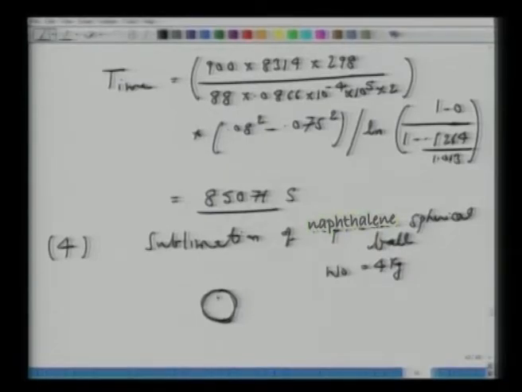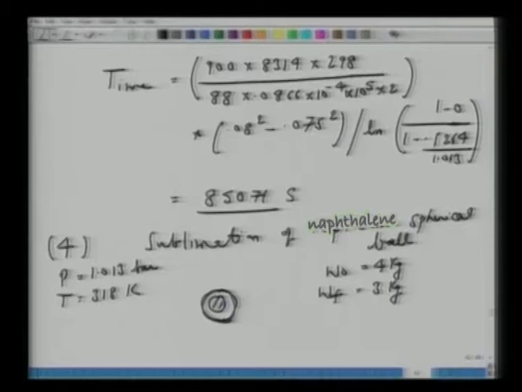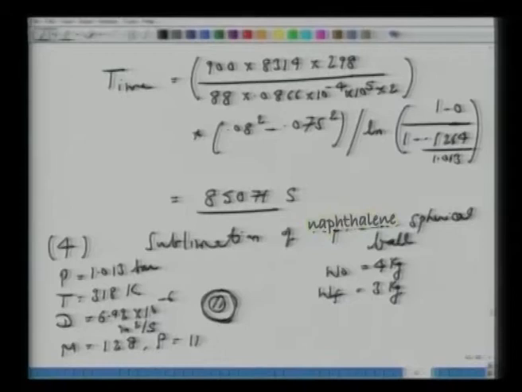As it evaporates, it shrinks, and the final weight is 3 kg. The question is the same. Pressure is given, 1.013 bar, temperature is 318 Kelvin, diffusion coefficient is 6.92 times 10 to the power minus 6 meter square per second. Molecular weight of naphthalene is 128, and density is 1140 kg per cubic meter.